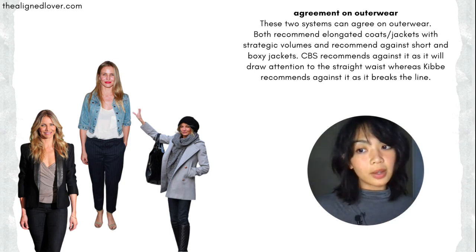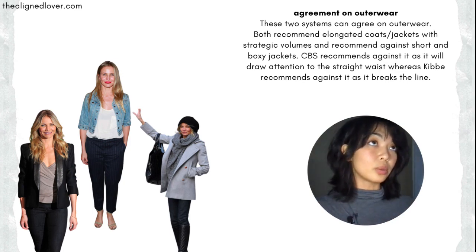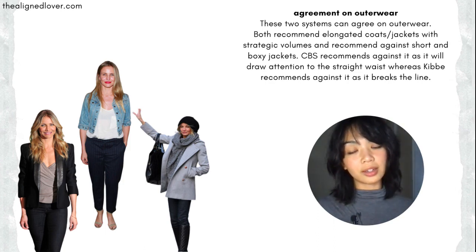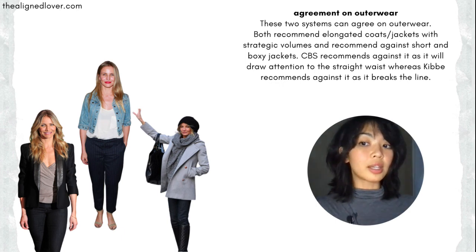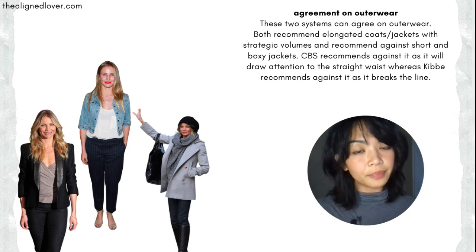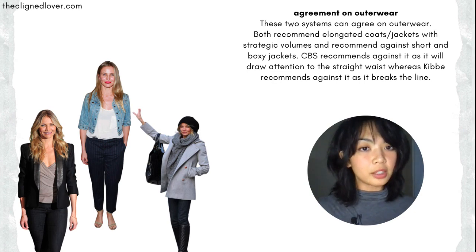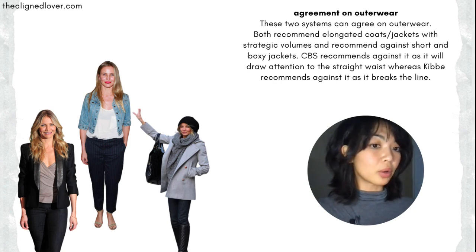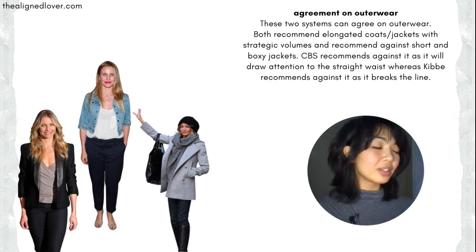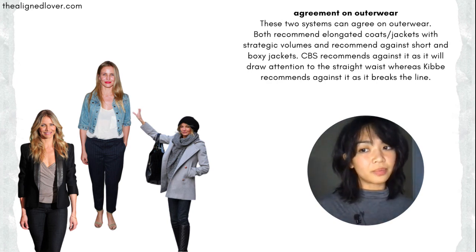In the Kibbe system, this is employed to embrace their organic elongation, and the volume just helps mimic some of the broadness in their frame. In the conventional body shape theory, they recommend these long coats because it will be slimming, which is kind of the same thing in the Kibbe system.